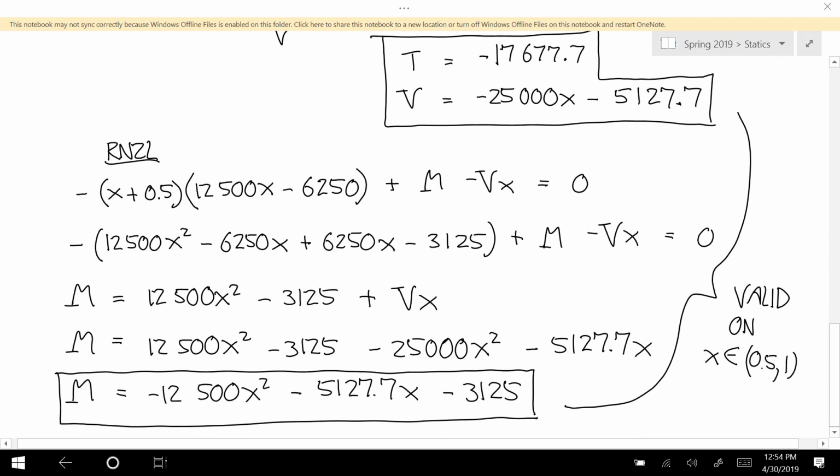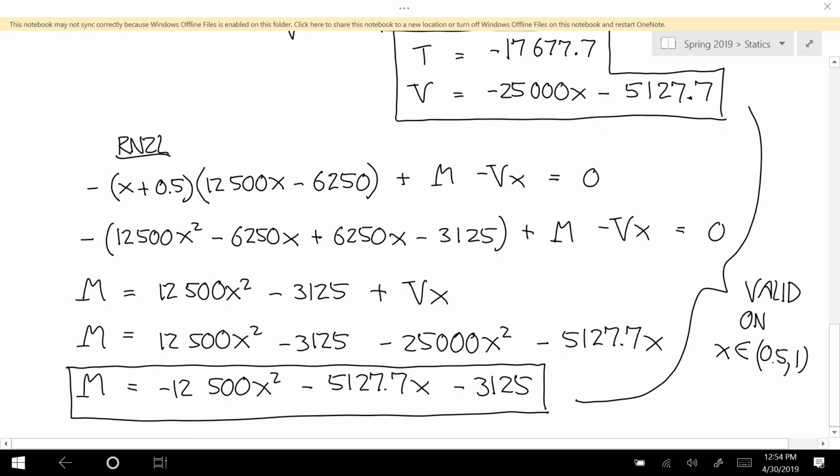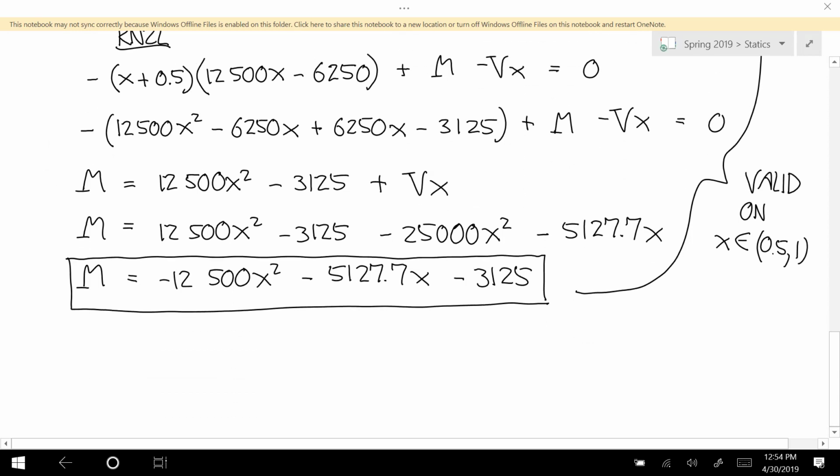Let's check the derivative relationships. dm/dx is equal to negative 25,000x minus 5127.7. So dm/dx is equal to v. That one works. And then dv/dx is equal to negative q.